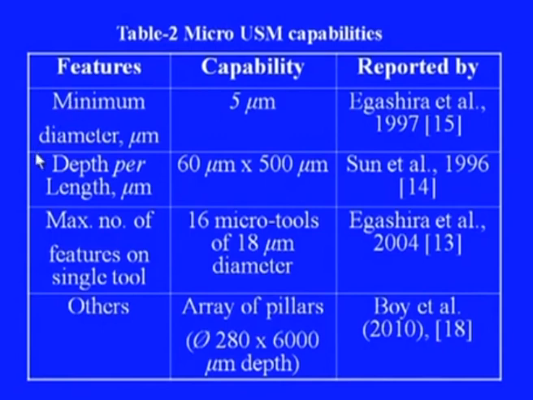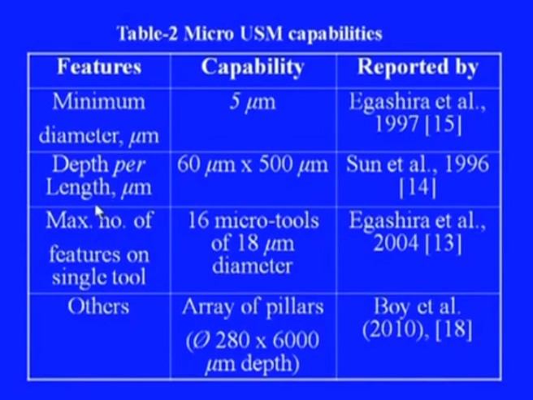The minimum diameter that could be achieved as far as micro machining using ultrasonic machining is concerned is 5 micron, reported by Igasira and his co-researchers, as early as the year 1997.